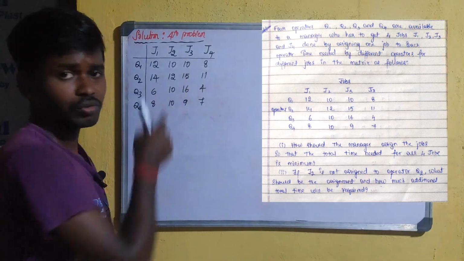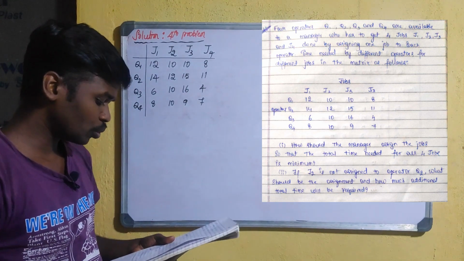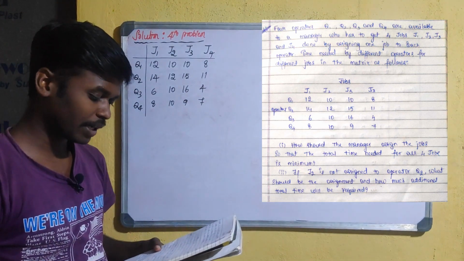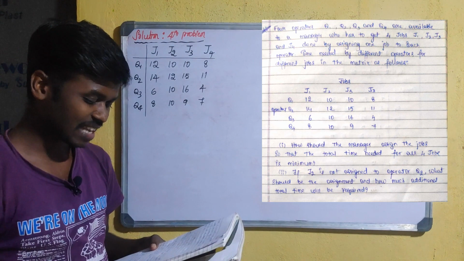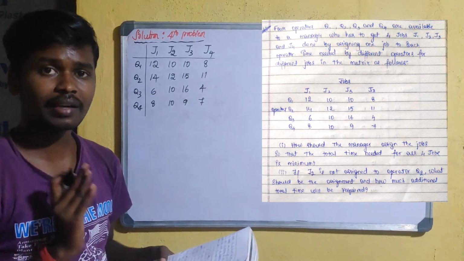Okay, so we see the second condition or second question. If J2 is not assigned to operator Q2, what should be the assignment and how much additional total time will be required? So this is the second condition.